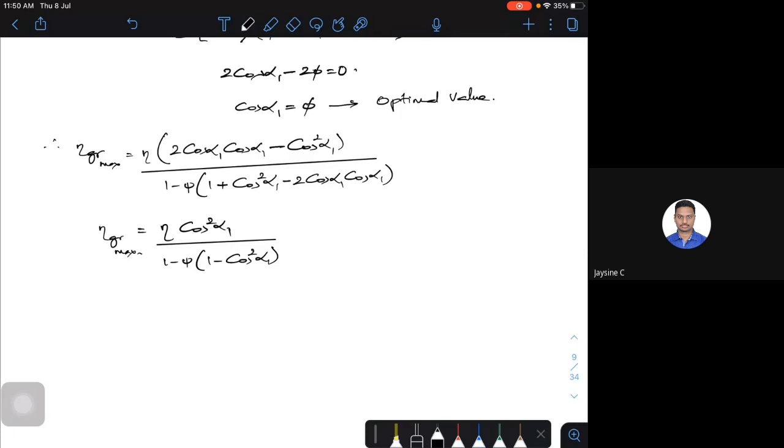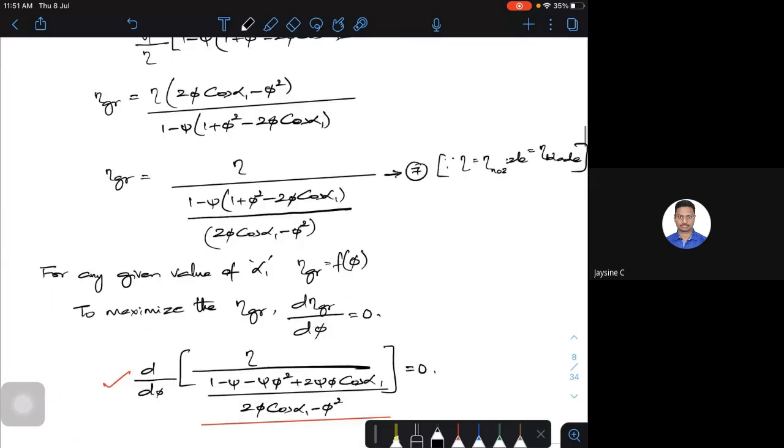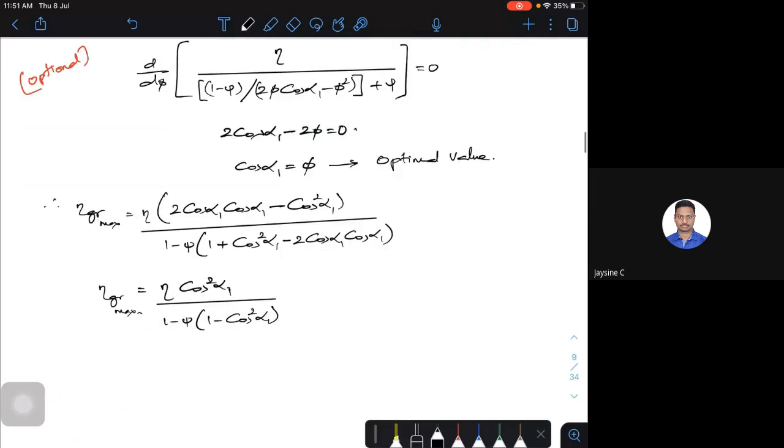Now see this particular thing, this is equation number 8. This is the equation for the maximum gross stage efficiency. The maximum gross stage efficiency depends on your optimum value of speed ratio, which is your cos alpha 1.